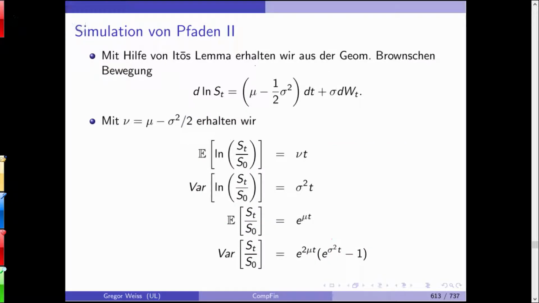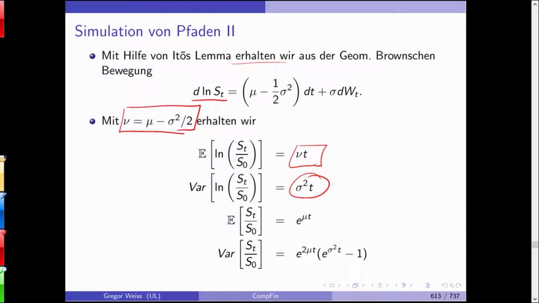We can use Ito's lemma here, and if we take the geometric Brownian motion, the change in the logarithmic price, so the log return, is given by (mu minus half sigma squared) dt plus sigma dW_t. If we substitute this, we get the expected logarithmic change from the initial price to the price S_t is given by nu t, and the variance is sigma squared times t.